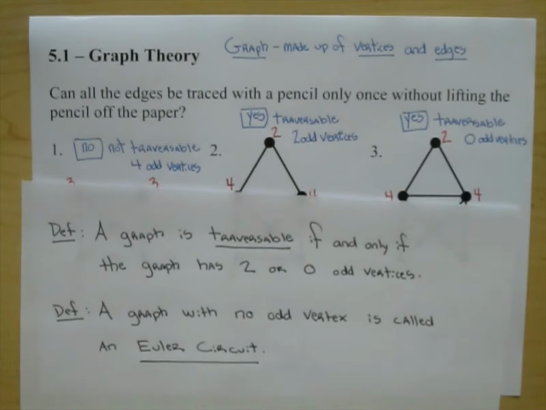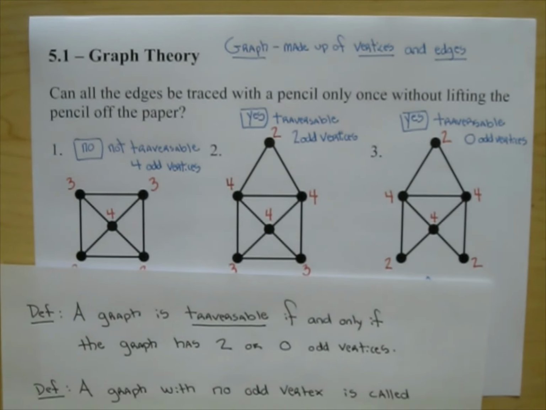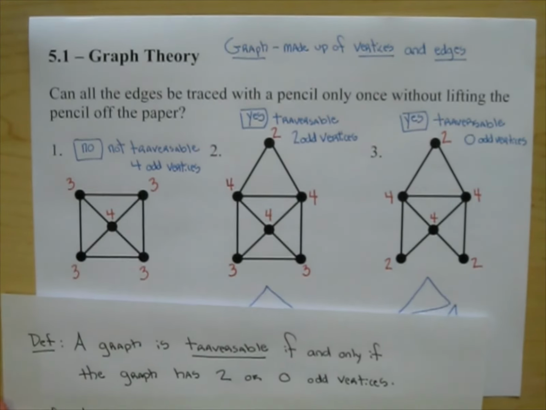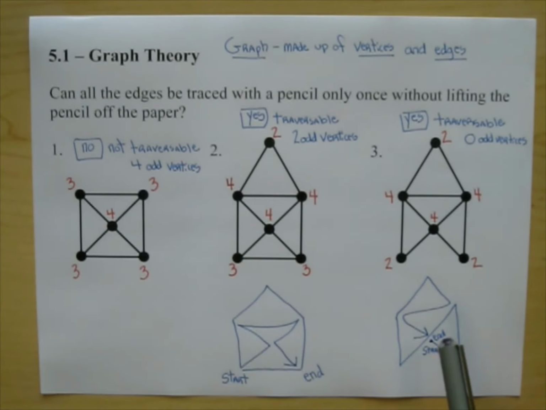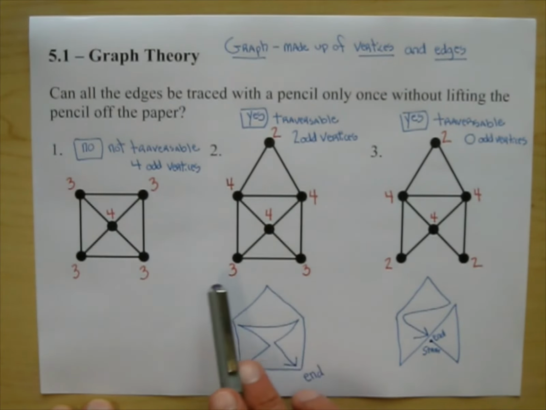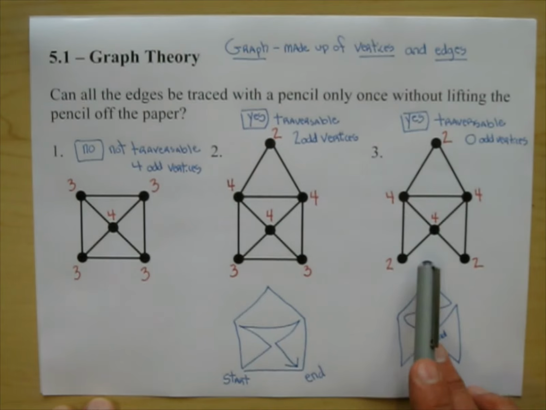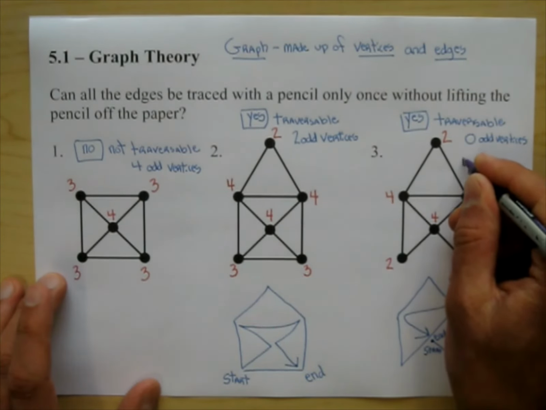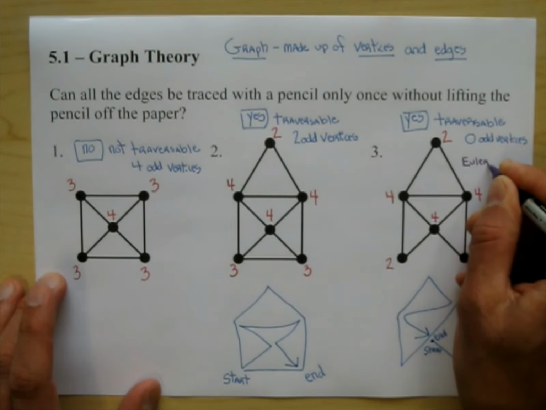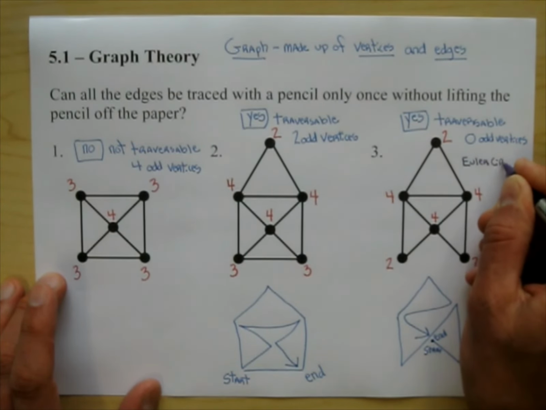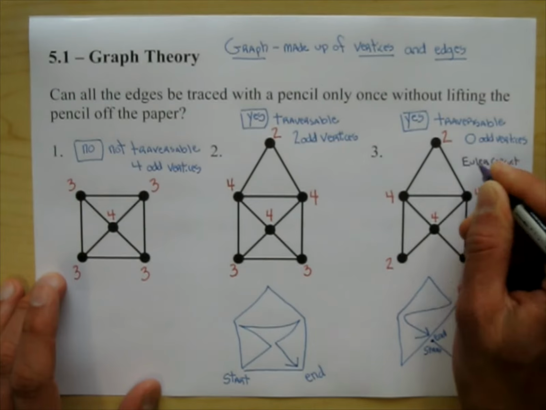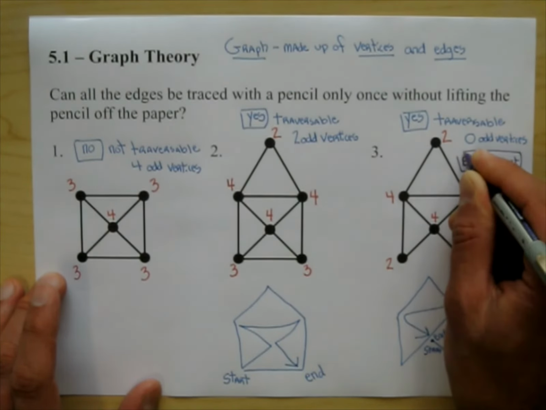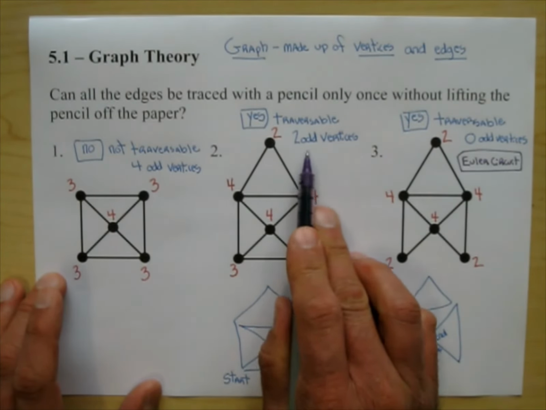So let's take a look at our problems here. So the one that has no odd vertex would be problem number 3. That's called an Euler circuit. Okay, so this has 2 odd vertices.